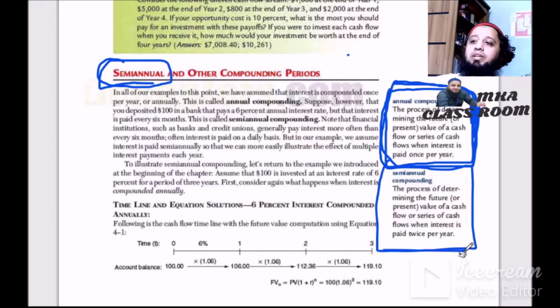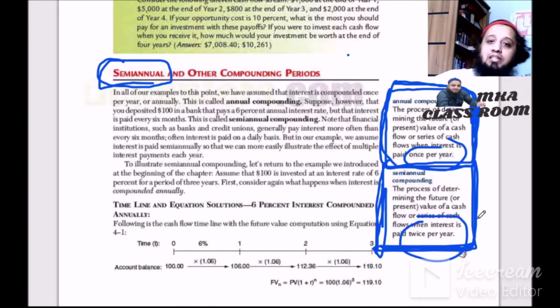When interest is paid twice per year, that means 2 times in a year. Here it is once in a year, here 2 times in a year, that is called semi-annual compounding.